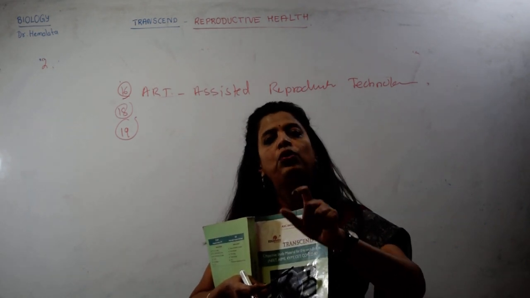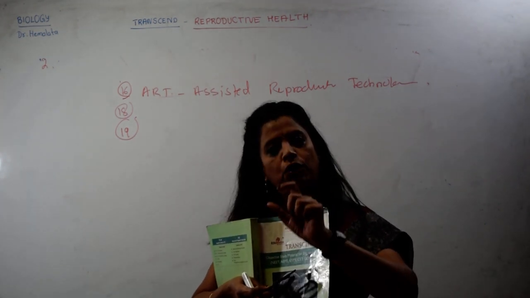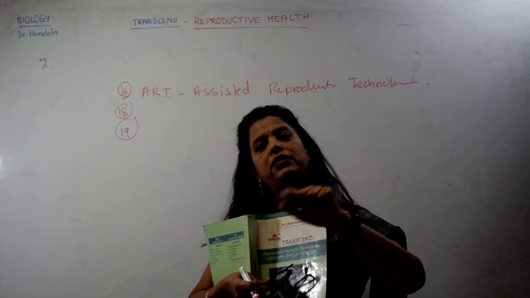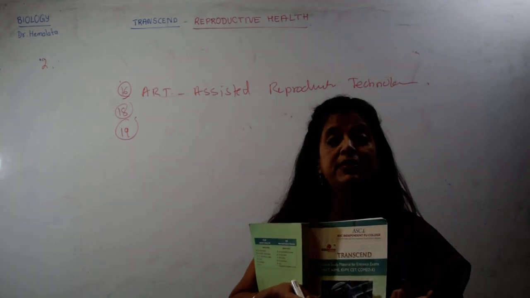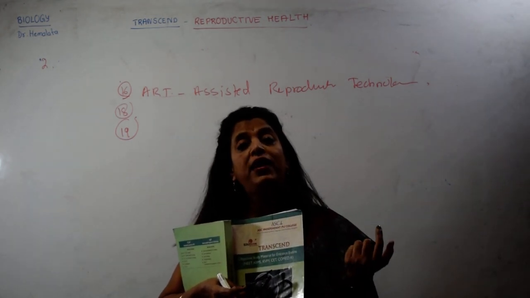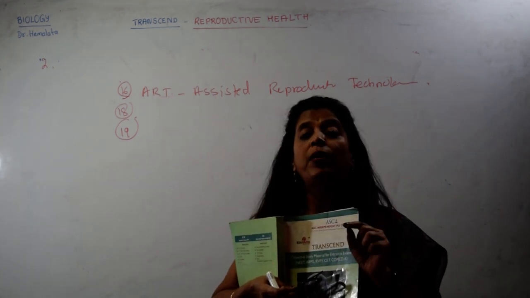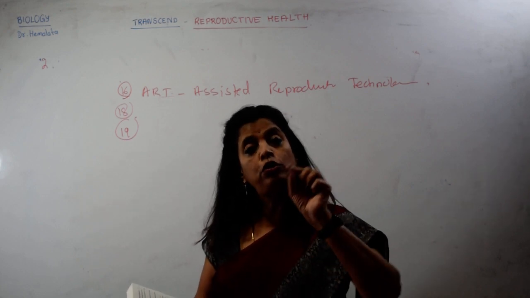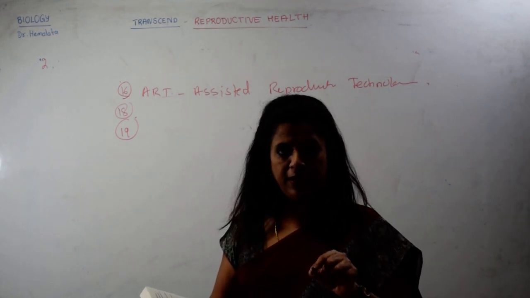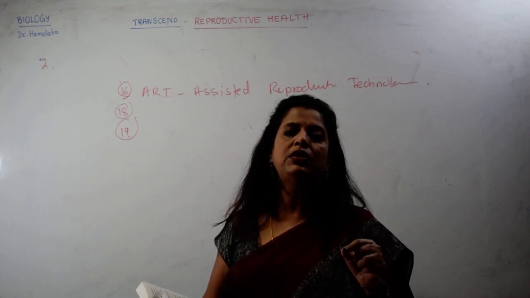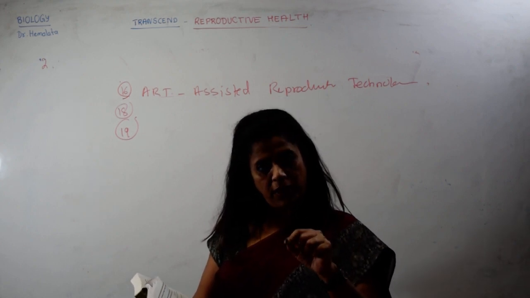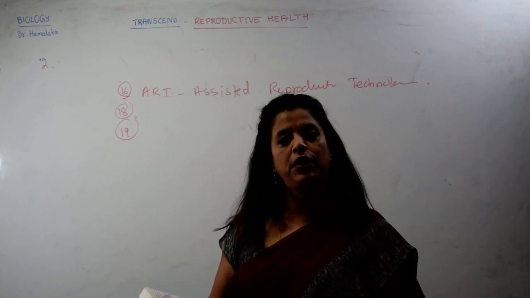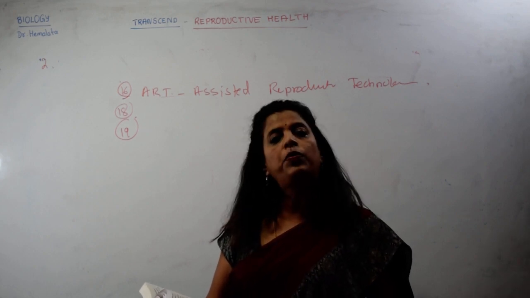Is it 2n equal to 46 with 44 autosomes and 2 allosomes, and whether any extra chromosome or chromosomal abnormality is there, whether it is a healthy baby. To test that they do amniocentesis, not for determination of sex, though it can also be done by that method. But nowadays the whole technology which was developed for identifying the health of the baby is totally spoiled. People are misusing it for identification of sex. That's why this 4th option is wrong.